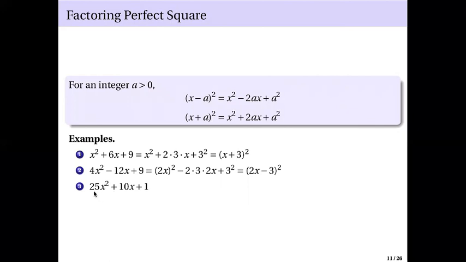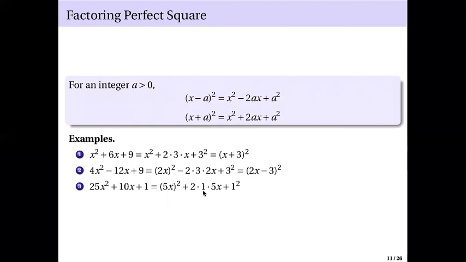Yes, it is 25, which is 5 squared. So you can write this as 5x quantity squared. Your 10x, you can write as 2 times 1 times 5x. And then, of course, 1 is just 1 squared. So you have that 1 in here.